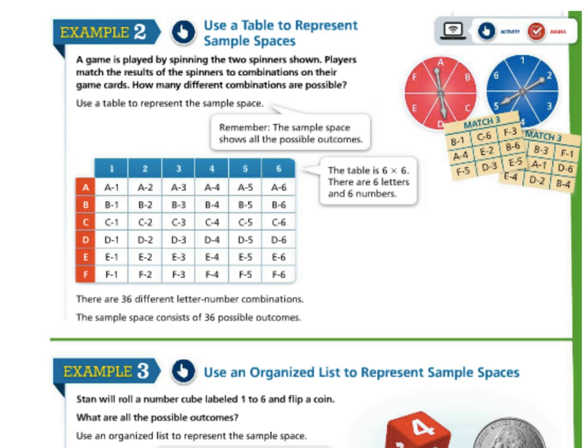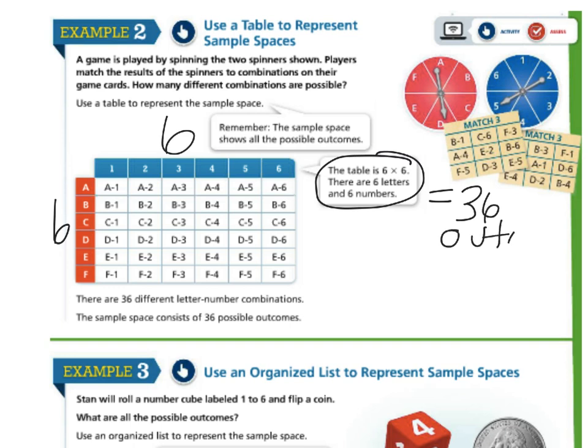In this example, you have a total of 6 outcomes that are numbers and 6 outcomes that are letters. So the table ends up being a 6 by 6 table, or 36 possible outcomes. You can use this table then to identify a probability of a certain number or letter combination out of those 36 possible outcomes, and we'll be doing that in the next lesson.